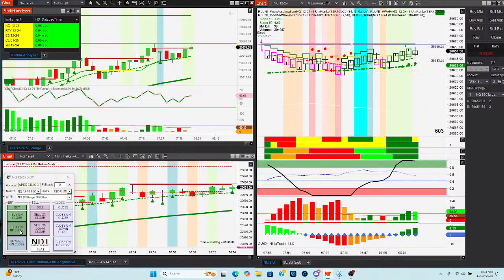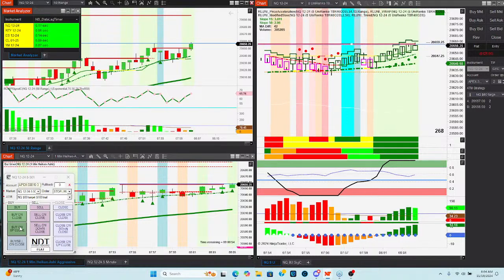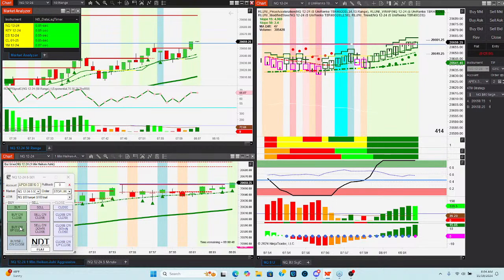Like right now, this candle looks fantastic to take. I like my fractal, I like my power dot, I like my brushes. And it took off. But I've got one more pivot I've got to get through.